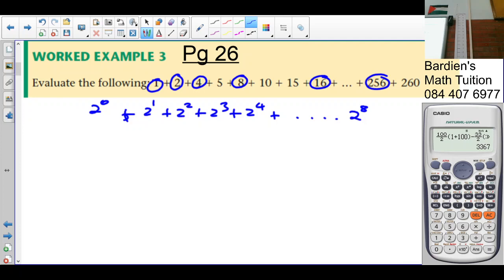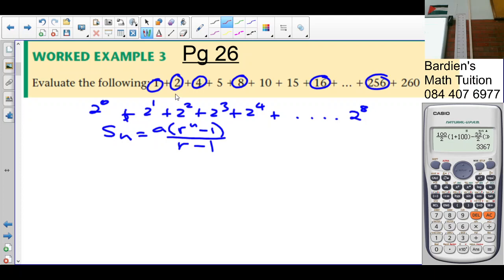So you see that is conforming to a pattern. What type of pattern? Geometric pattern. So this I can work out. This is no problem. So this is going to follow the formula Sn is equal to a(r^n minus 1) over r minus 1. So that one is sorted.